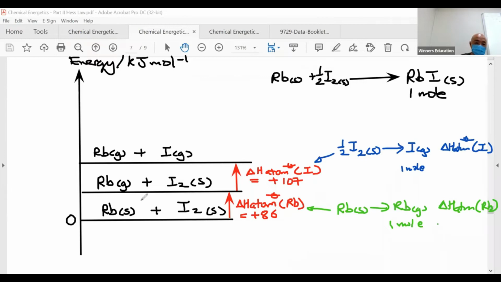It's half. We forgot to put the half in. Understand, everyone? So this is the formation enthalpy of rubidium iodide. The equation must have a half. So if you put the half, now it makes sense.